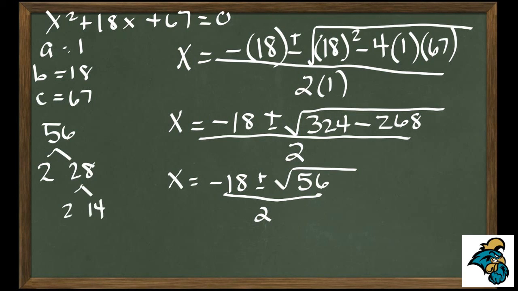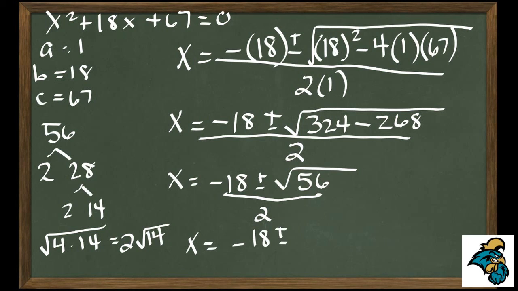So we can take 56 and rewrite it as the square root of 4 times 14. The square root of 4 is 2, so that simplifies to 2 times the square root of 14. So x is equal to negative 18 plus or minus 2 root 14. All of that divided by 2.